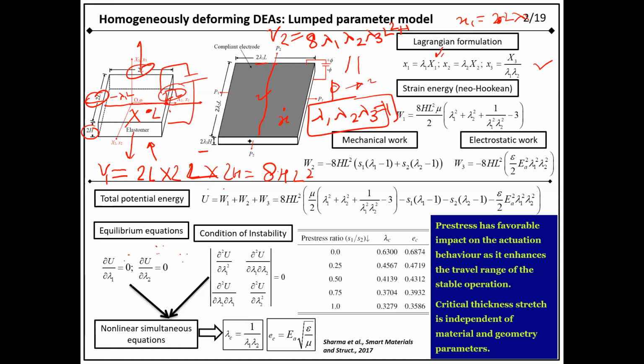In order to obtain the relationship, we will utilize the principle of minimization of potential energy. It is the same as what we do for, for example, a spring system. I will discuss that, then it will be easy to correlate.